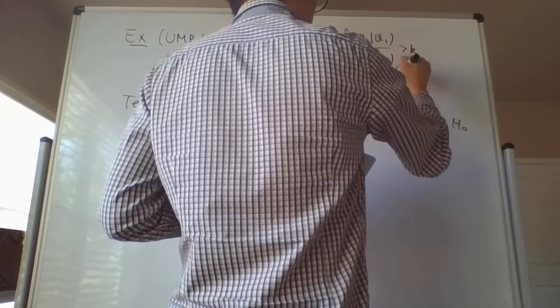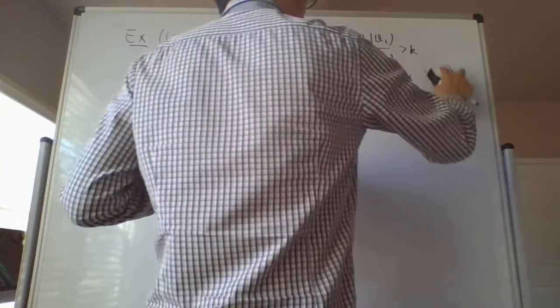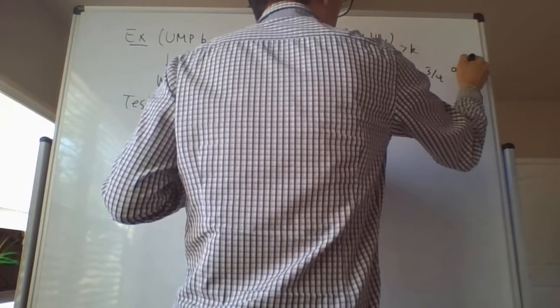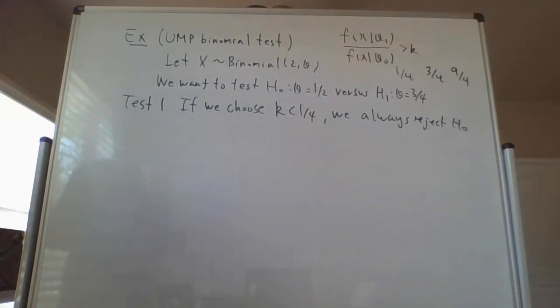We have 3 cut points: 1/4, 3/4, and 9/4. Since 1/4 is the smallest among the cut points, if k is less than 1/4, we always reject H0 because x can only take 0, 1, and 2.